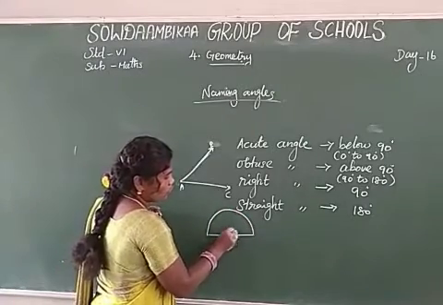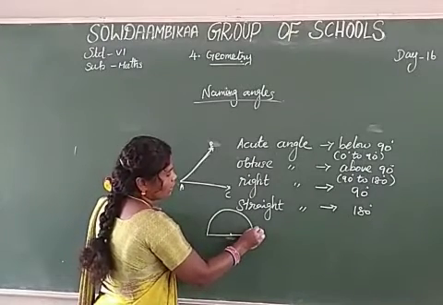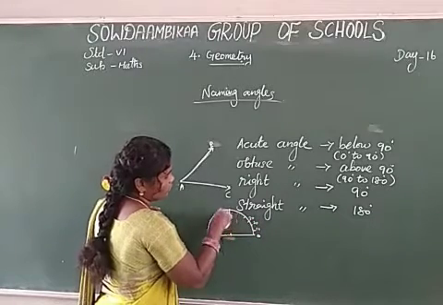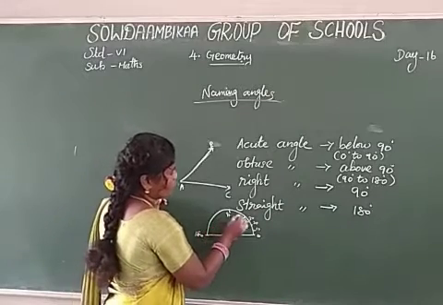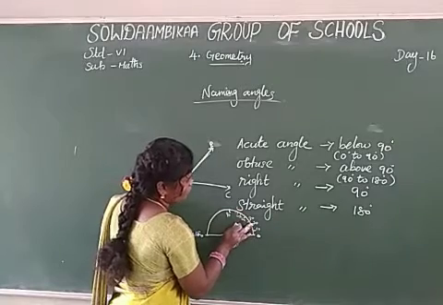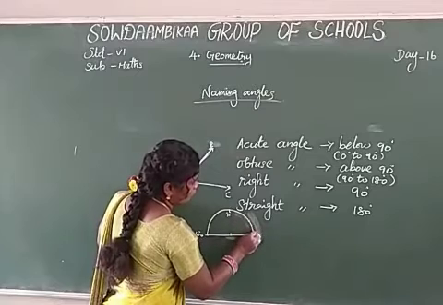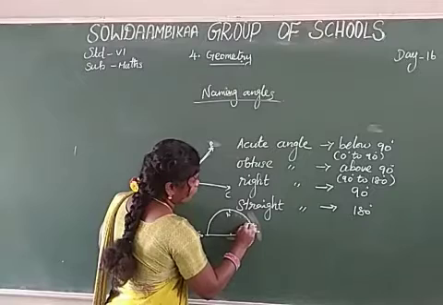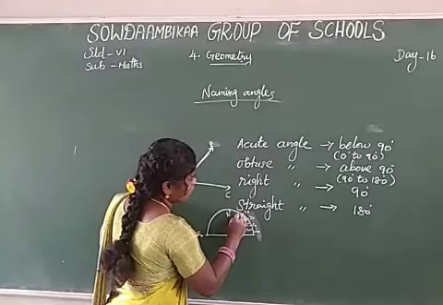The center is 0 and here 0, and 10, 20, 30. This is 90. The last one is 180 degrees. 40, 50, 60.